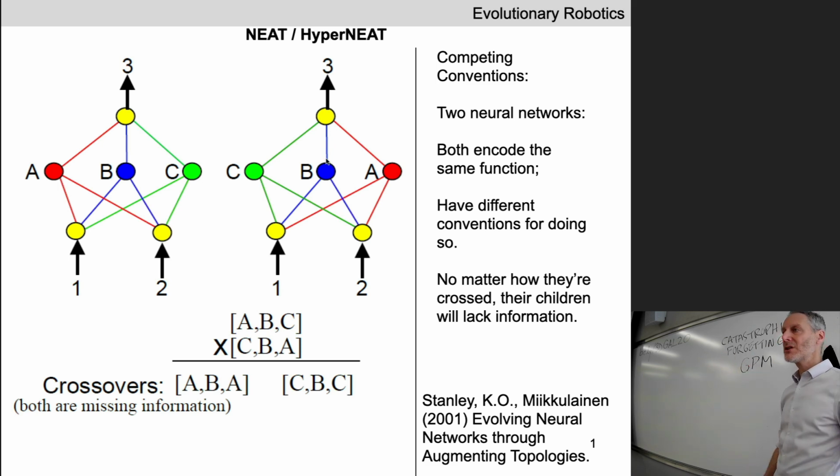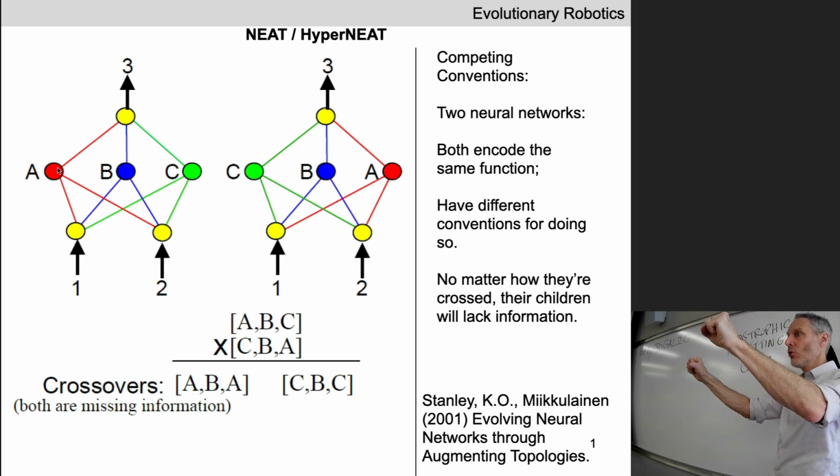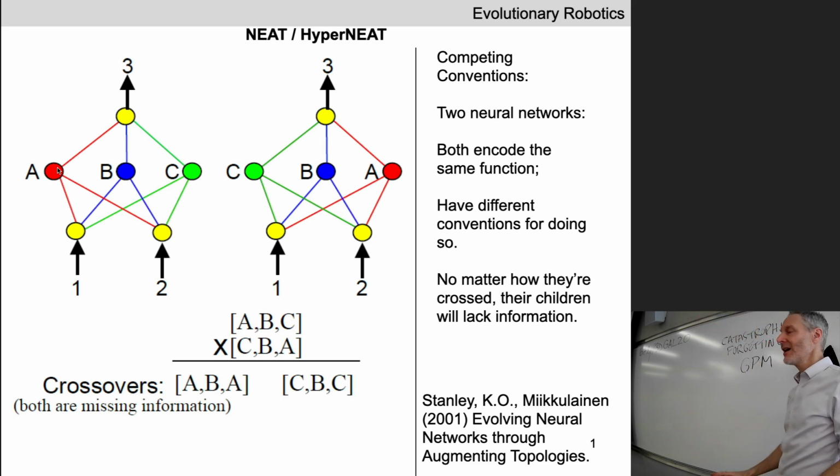Both of these neural networks are doing an okay job at embodying the exclusive OR function. You might remember that one way that neural networks can embody exclusive OR is that one hidden neuron evolves to be an AND, and another hidden neuron evolves to be an OR, and the outputs of hidden neuron 1 and hidden neuron 2 are combined at the output layer, and if you get the synaptic weights right, you can get exclusive OR.